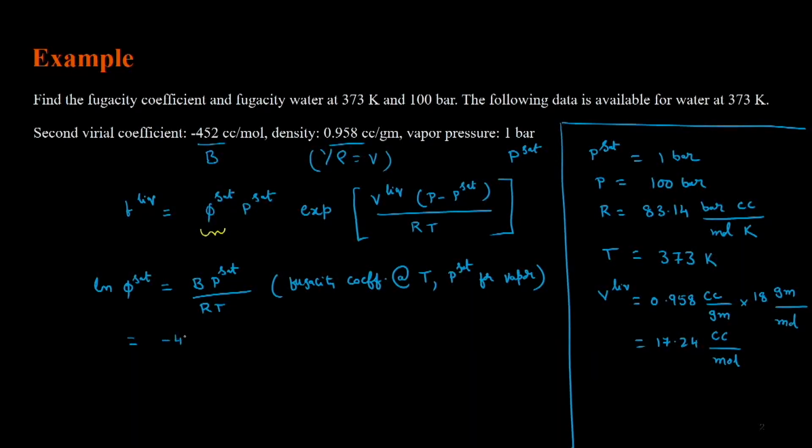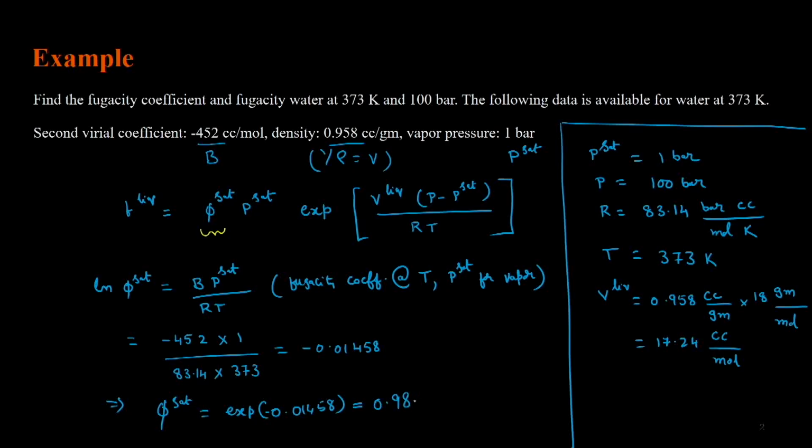So B is given to us, negative 452 cc per mole, multiplied with 1 bar over 83.14 bar cc per mole per Kelvin multiplied with 373. If I simplify this numerical value, what I will get is negative 0.01458. What that means is the fugacity coefficient will be exponential of negative 0.01458, which will be 0.9855. This will be the fugacity coefficient.